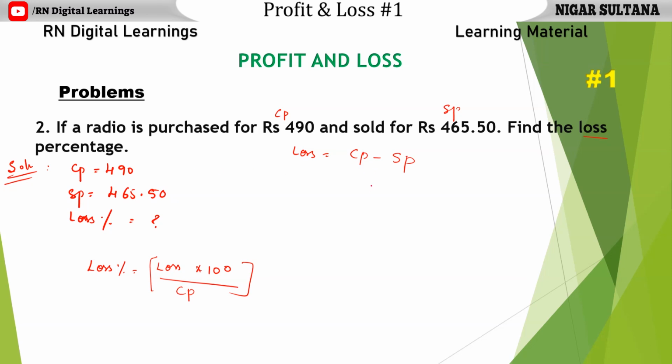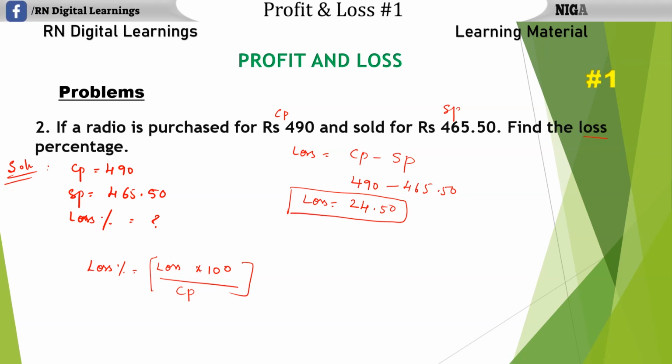So the cost price is 490 minus 465.50. The loss is 24.50. Now substitute the value of loss in this formula: 24.50 into 100 divided by the cost price, 490.